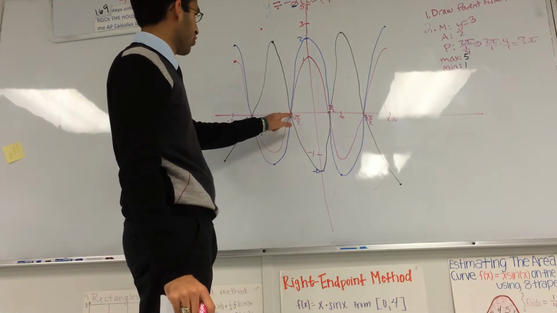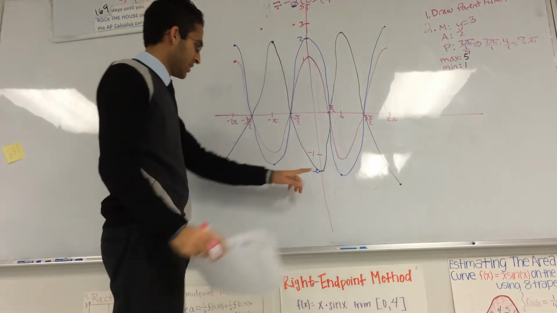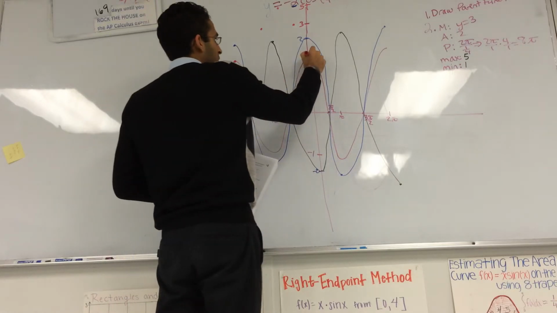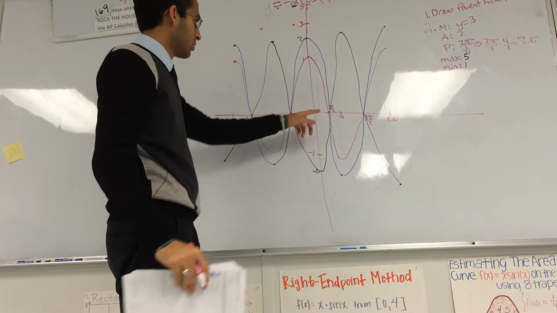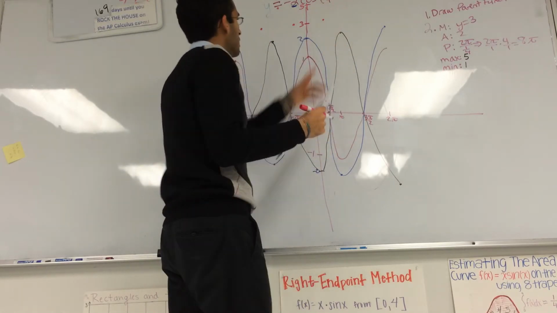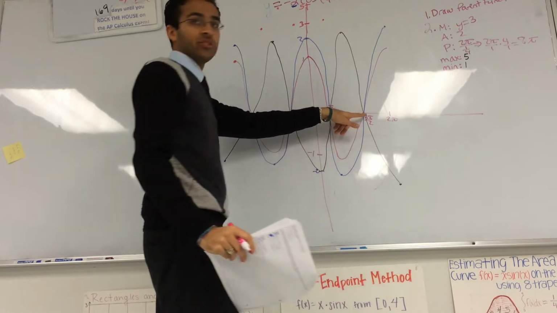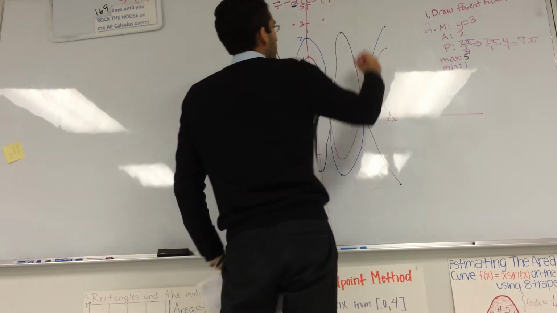What's next? 0 comes up to 3. -2 comes up to +1. 0 comes up to 3. +2 comes up to +5. 0 comes up to 3.